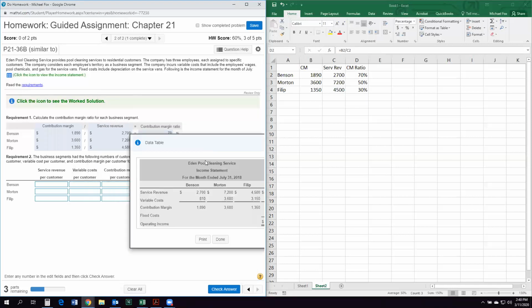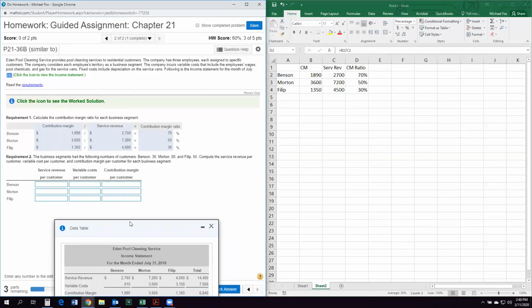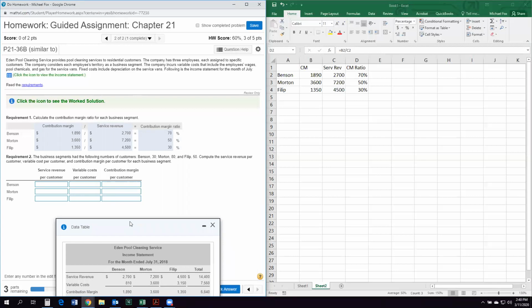All right. Now they want us to find our service revenue per customer, our variable cost per customer, and our contribution margin per customer. So it tells us the number of customers. Benson had 30, Morton had 80, and Philippe had 50.